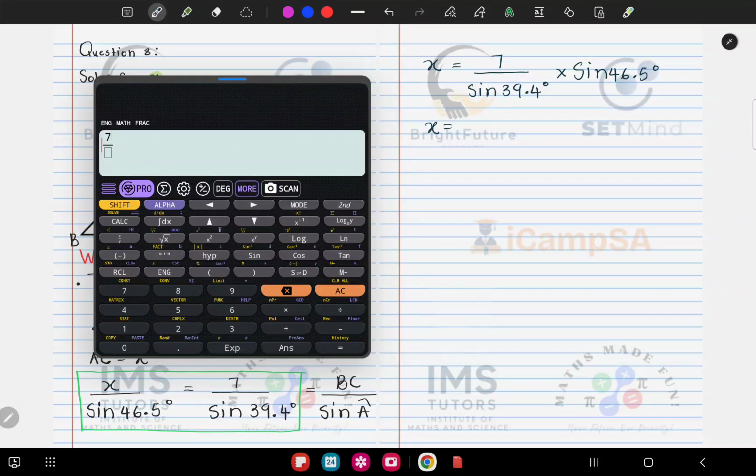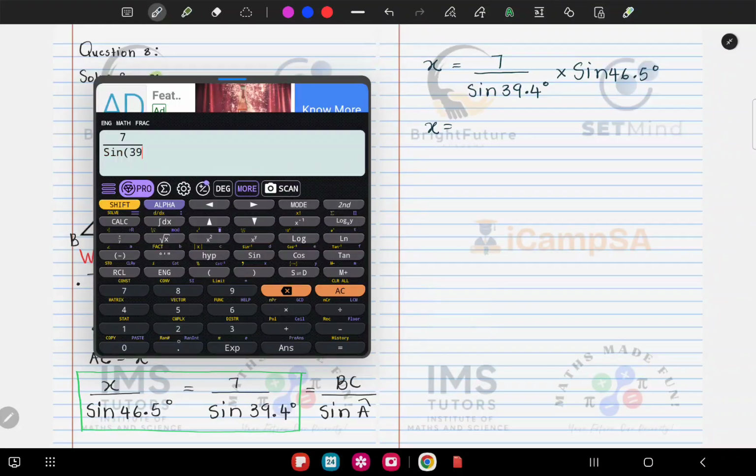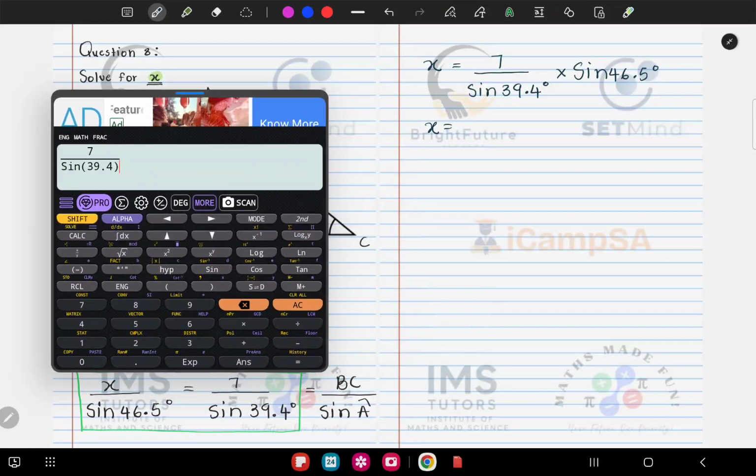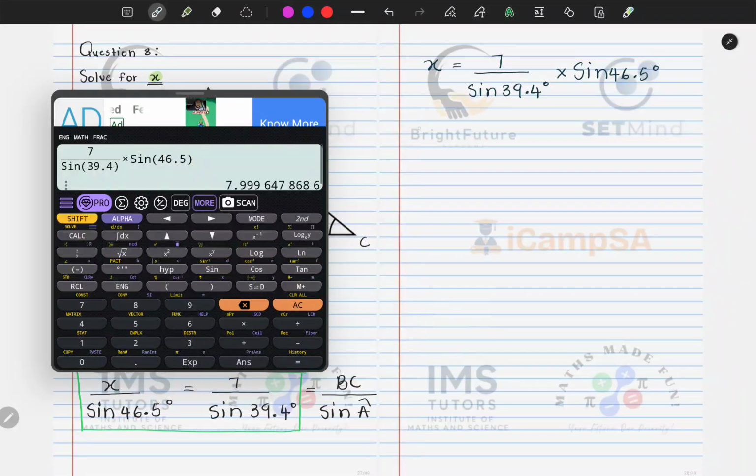Let's put in 7 divided by sine of 39.4. We double check 39.4, that's correct. And then multiplied by sine of 46.5. So if you observe carefully, our x turns out to be 7.99. So if we round that off to one decimal place, that will actually become 8.0.